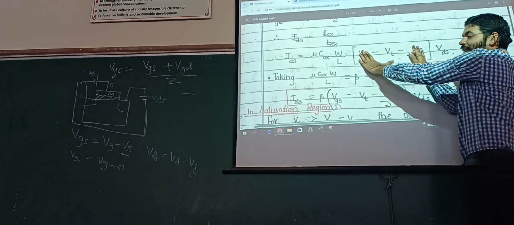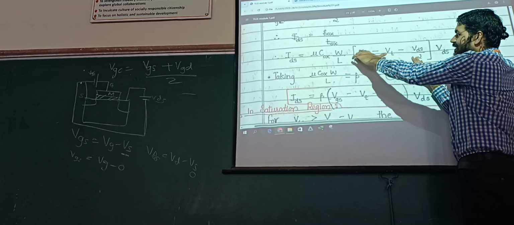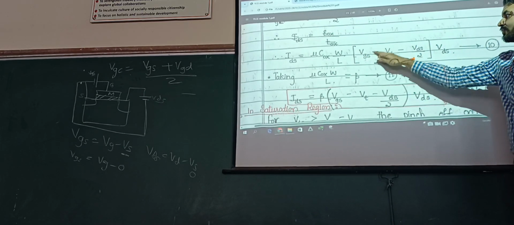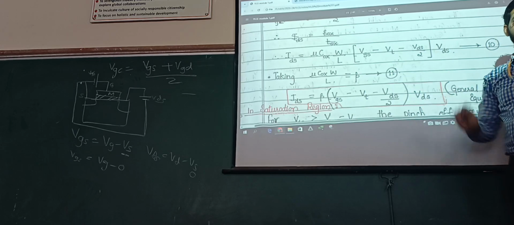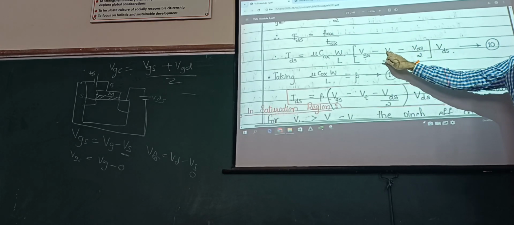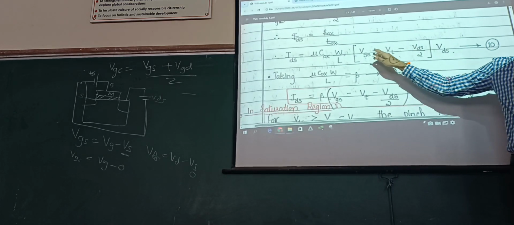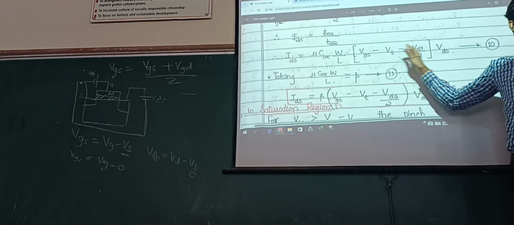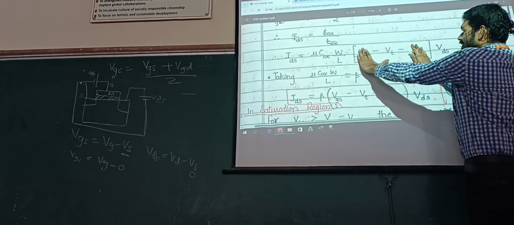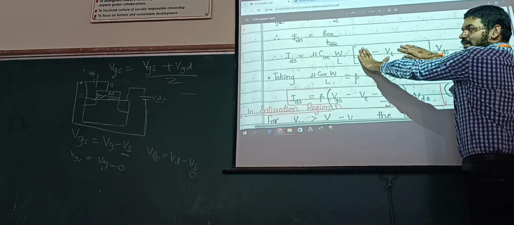VGC minus VT. So in place of VGC, I put VGS minus VDS by 2, minus VT as it is. Whether you write this one on this side or that one on that side, it is the same: 10 minus 2 minus 3 or 10 minus 3 minus 2 are the same.